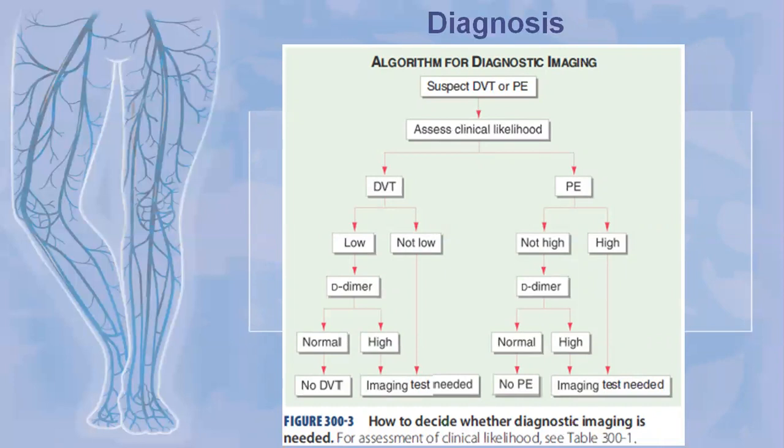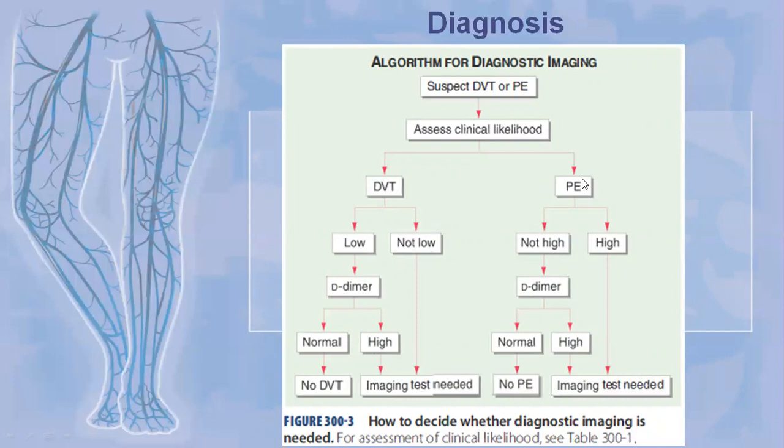For DVT, if the clinical likelihood is low, you request a D-dimer. If it is normal, then there's no DVT. If it's high, proceed to imaging test. If it's not low, then immediately proceed to the imaging test.